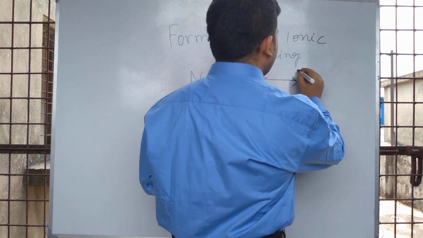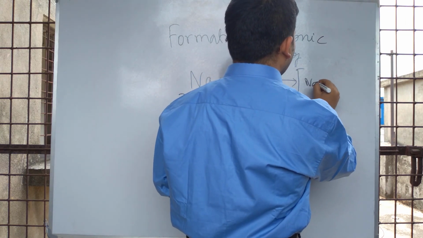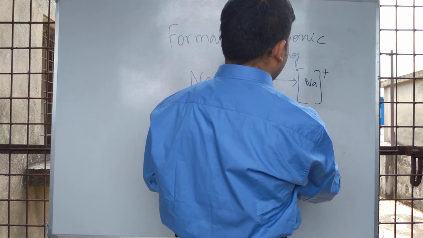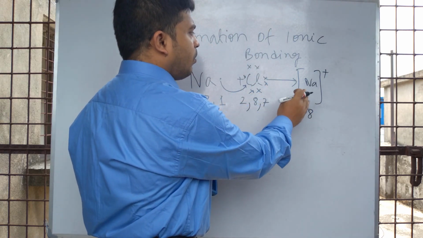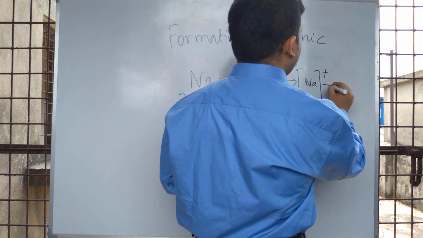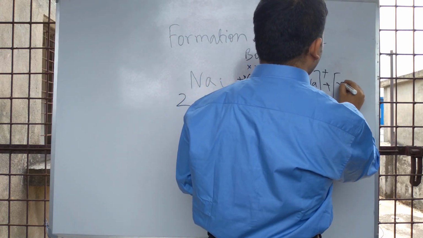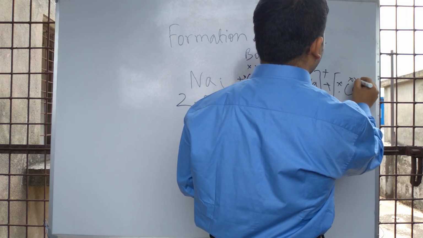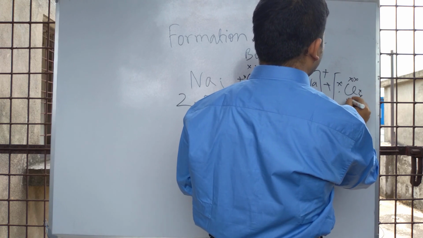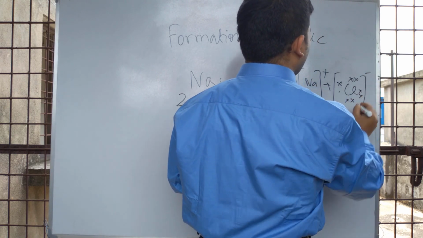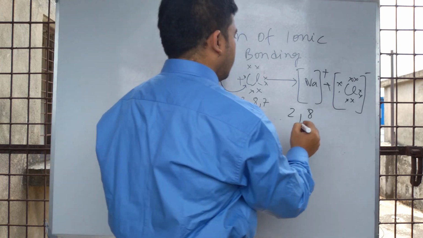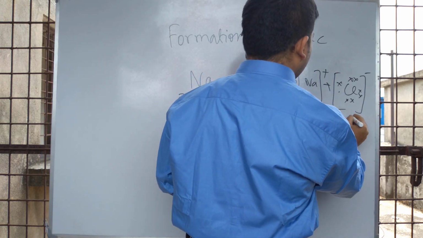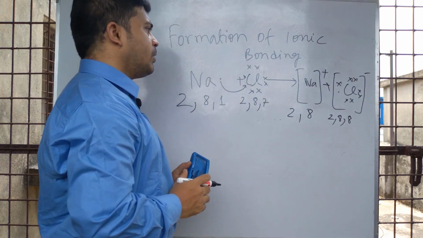So what will we see? Sodium becomes positively charged and its outermost shell now has 8 electrons, and chlorine, by receiving one electron from the sodium metal, changes to a chloride ion, and its electronic configuration is now 2, 8, 8.